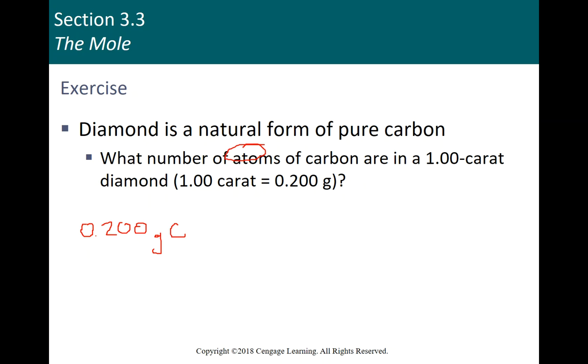Now we need to get in the common language of moles. And how do we go from grams to moles? We use the molar mass on the periodic table. And so we're going to go 12.01 grams of carbon in 1 mole of carbon.